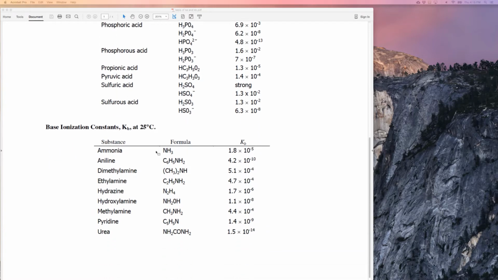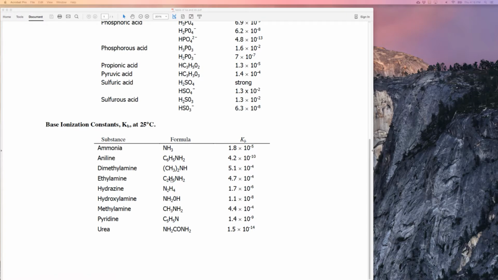So there are other videos involved with calculating pH from Ka. So now we're going to calculate pH from Kb. So let's take a look and use ethylamine, which is a nitrogen base, and it has a Kb value listed.